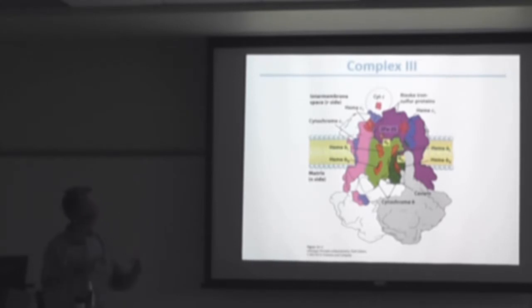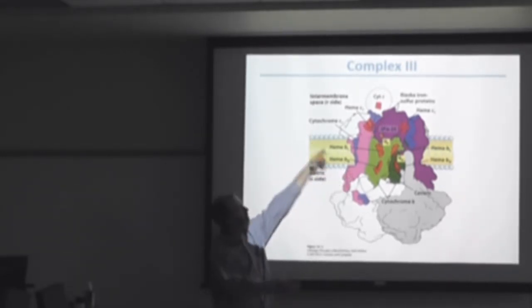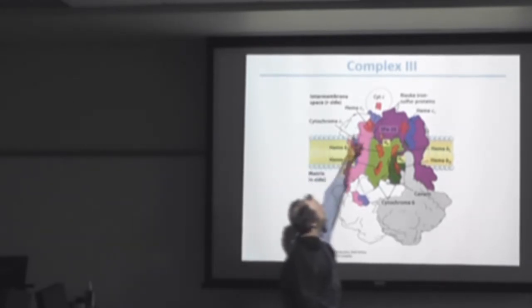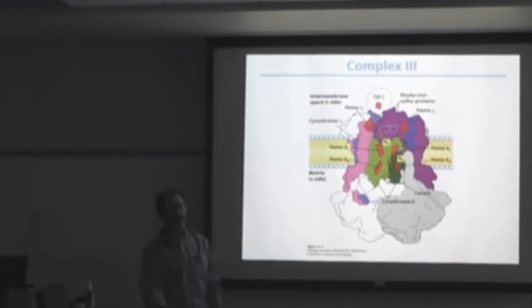However, it's water soluble, so it carries the electron from complex 3 to complex 4 via the intermembrane space. So this is not lipid soluble, but it's a water soluble carrier, unlike ubiquinol. And we'll look at this Q cycle here.